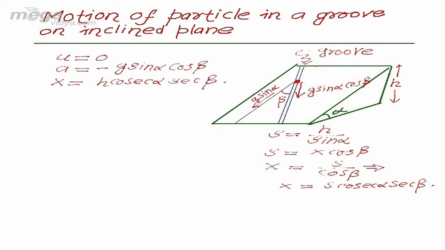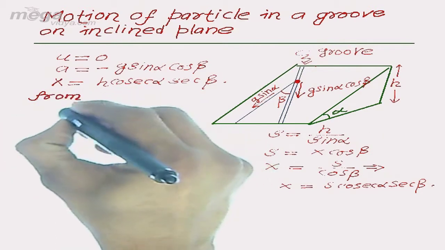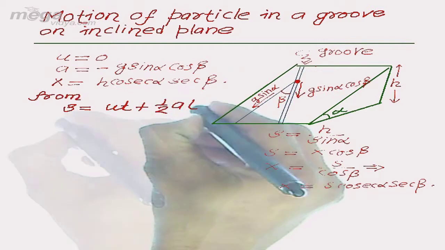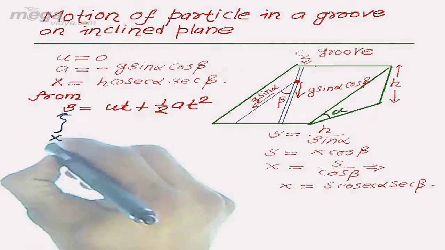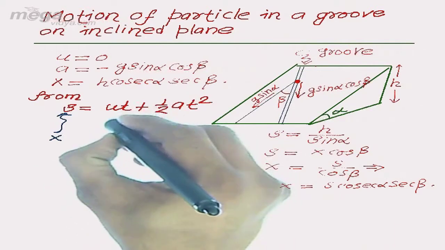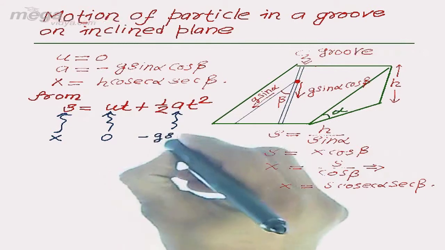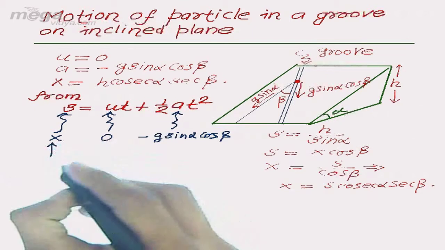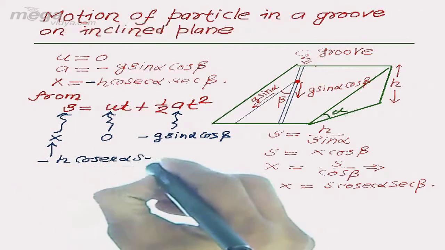beta. By using the second equation of kinematics, s equal to ut plus half at square, s here can be replaced by x, which is the distance traveled along the groove. u is 0, a is minus g sine alpha cos beta, and x is equal to minus h cosec alpha sec beta.